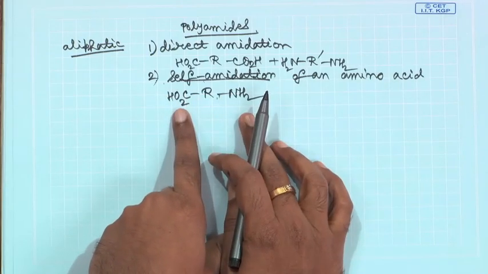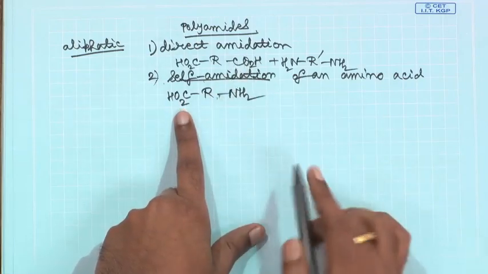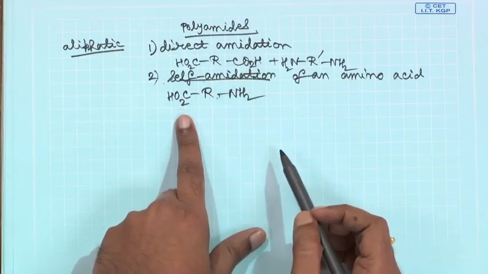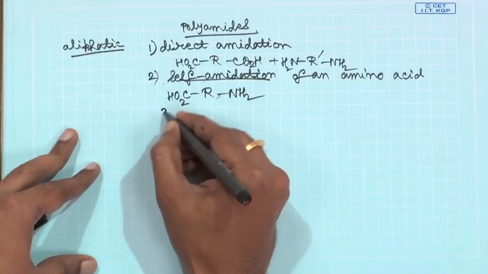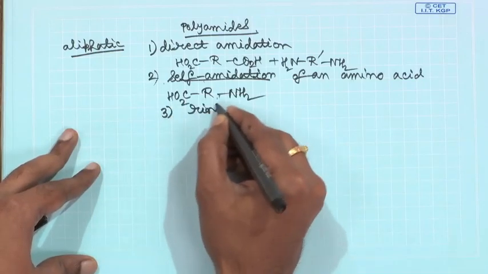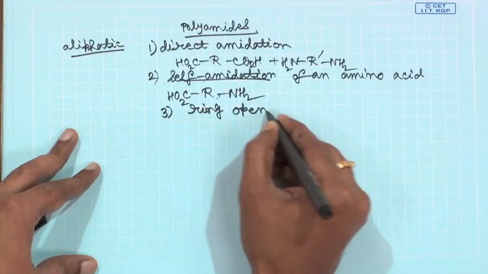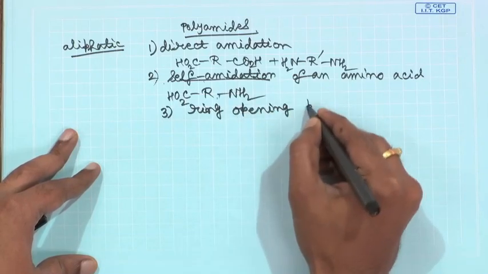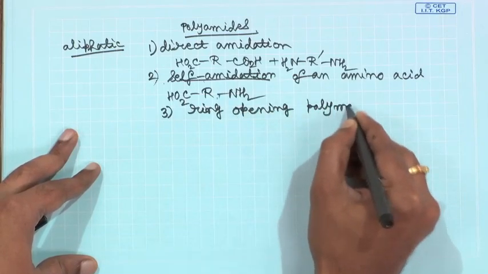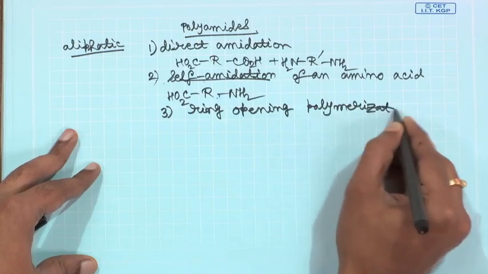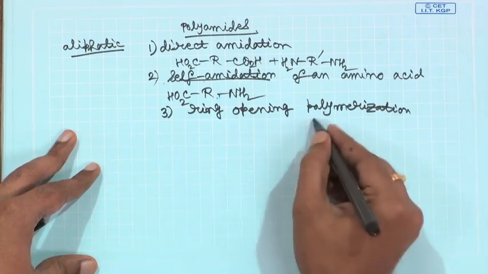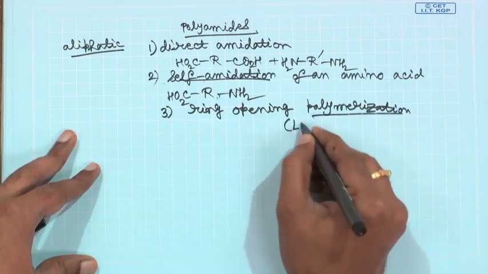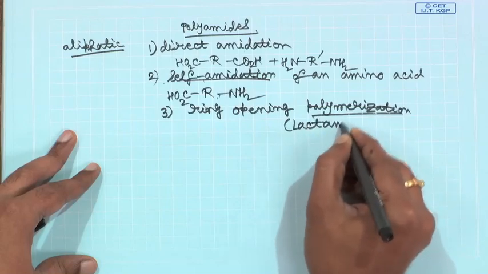So, you do not need another monomer. So, it is self amidation. So, either you can use a direct amidation process or you can use a self amidation process, or thirdly you can use ring opening polymerization. You can use a ring opening polymerization process of cyclic amides, which are called lactams. Okay.